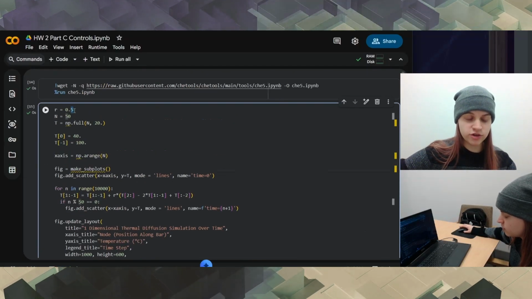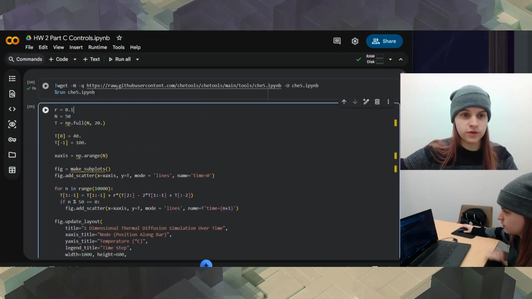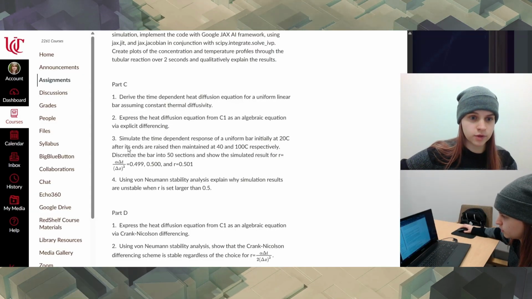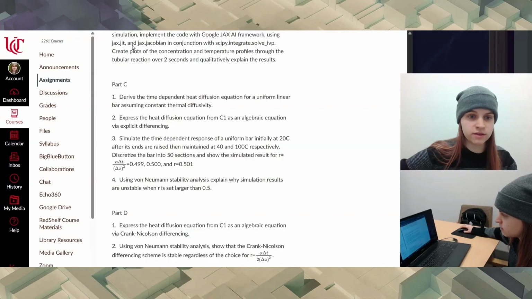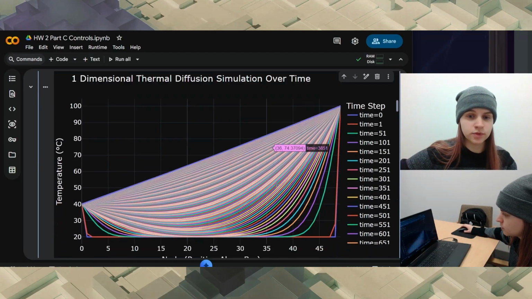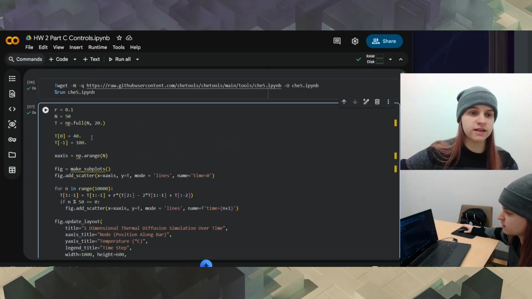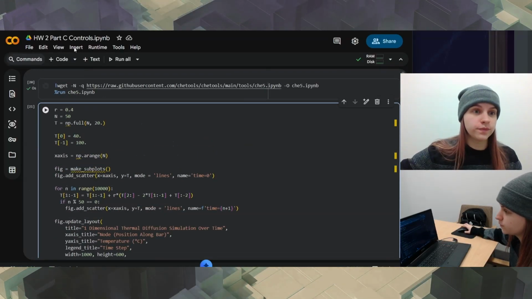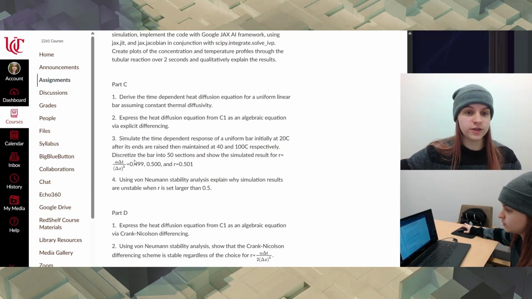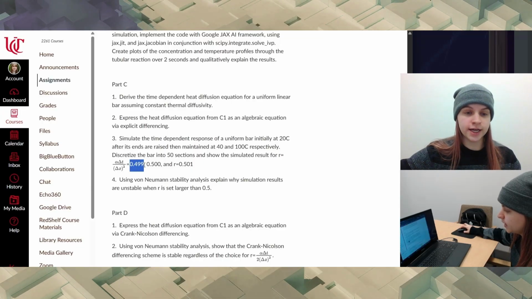It slightly changes because our time step is decreasing, our time step is smaller. So we do get more lines, but again, that could be fixed with this modulus. So that's not a big deal. First thing it wants me to do is 0.499.